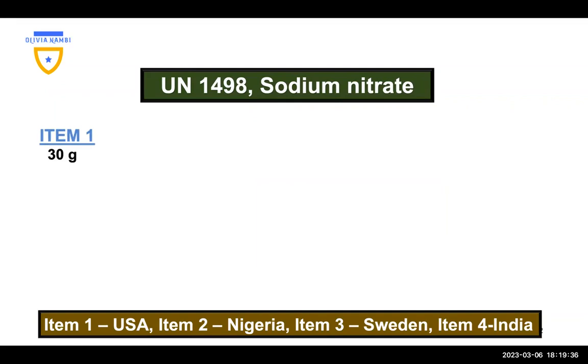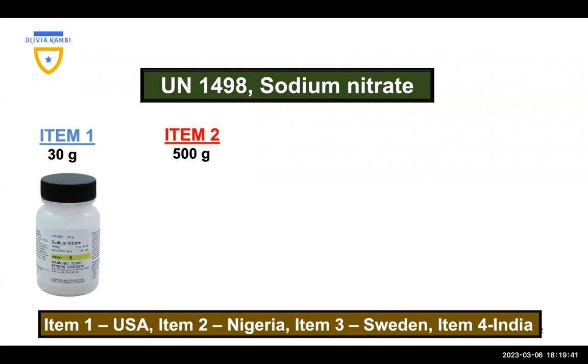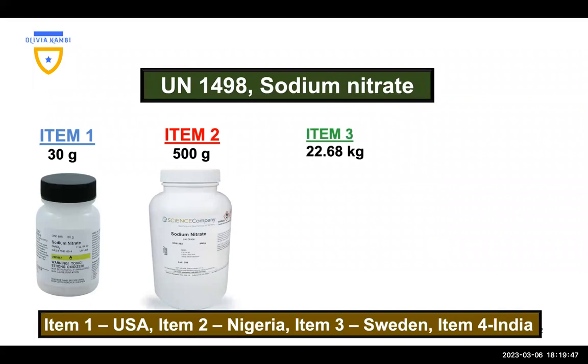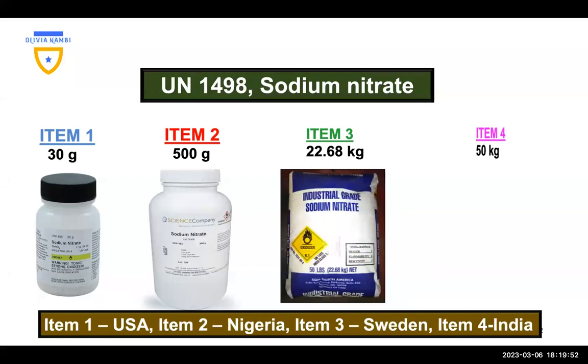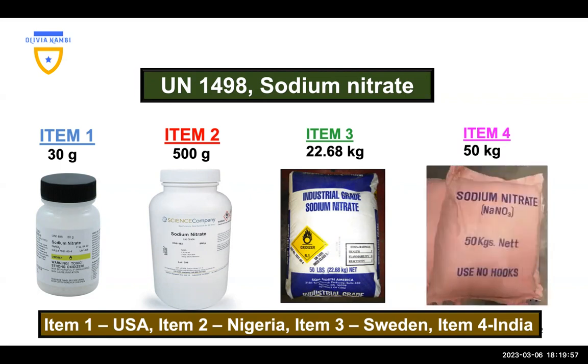So we have item 1 weighing 30 grams of sodium nitrite, item 2 weighing 500 grams of sodium nitrite, item 3 weighing 22.68 kg of sodium nitrite, and lastly, item 4 weighing 50 kg of sodium nitrite. For us to choose which quantity we are going to ship under which shipment provision, we must consider safety, cost, and time.